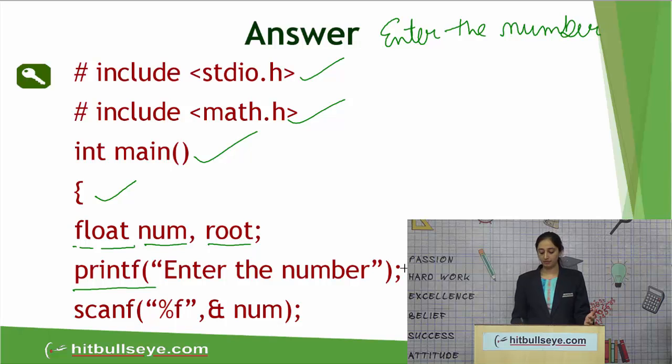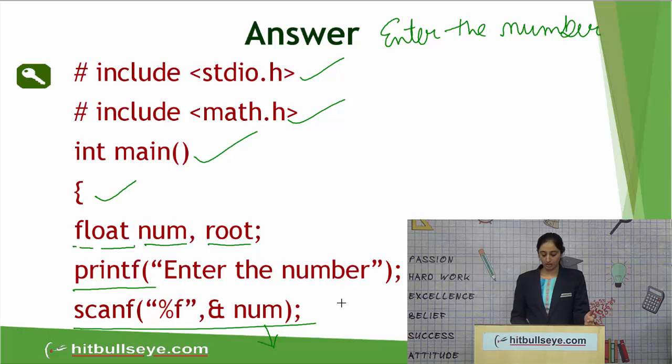And the semicolon is used for the termination of the statement. Now scanf is used for taking the input from the user. So scanf basically stores the value of the number or the variable which was provided by the user from the keyboard.